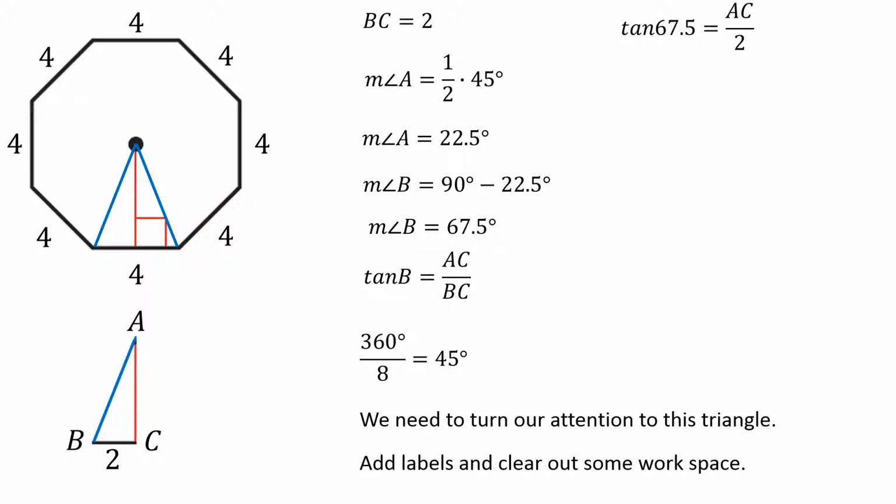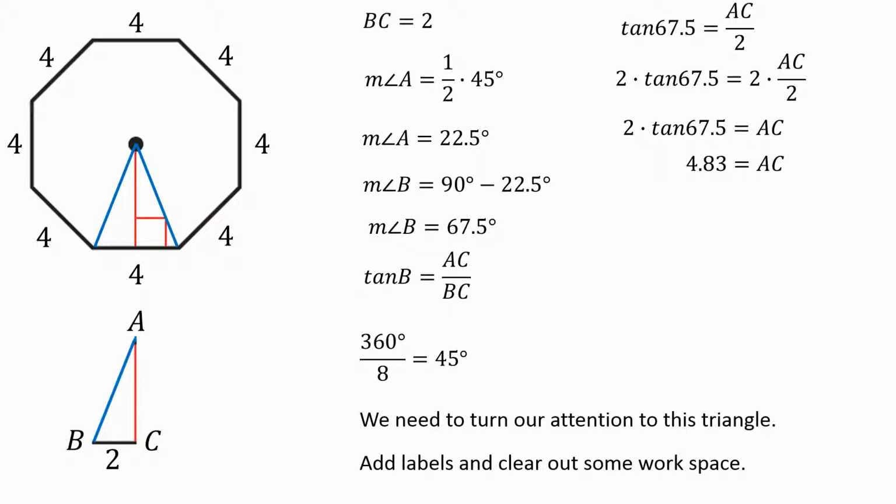And I know the two acute angles in a right triangle have to add up to 90. So 90 subtract 22.5 is where that 67.5 came from. Of course, I can multiply both sides of my equation by 2. So AC, which is going to be my apothem, is 2 times the tangent of 67.5.